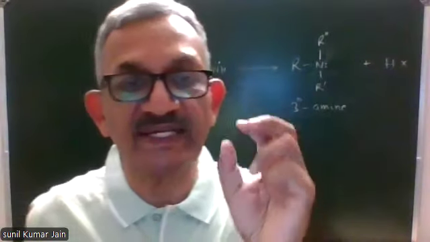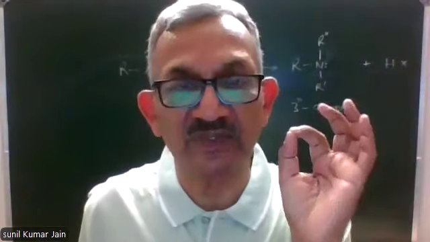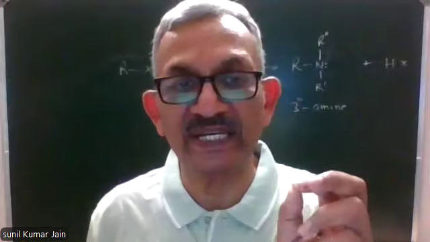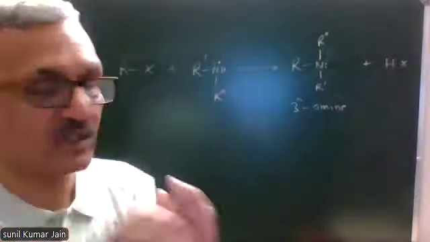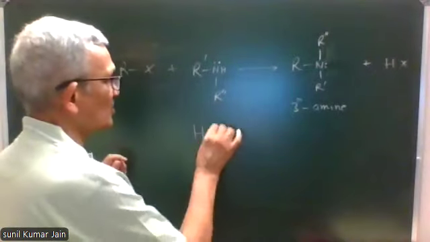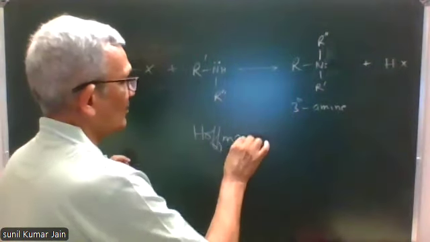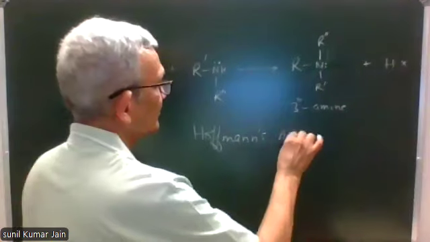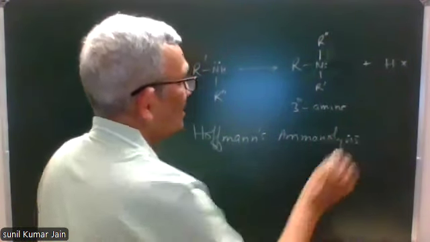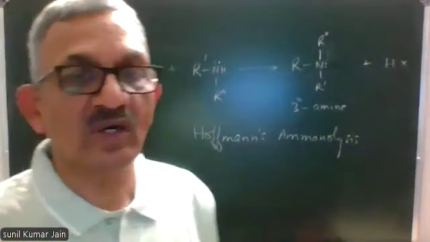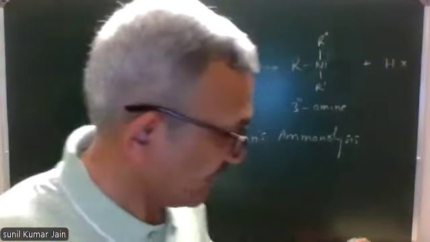The last 3 reactions, that is reaction with ammonia, reaction with primary amine, and reaction with secondary amine, that is reaction number 4, 5, and 6, collectively are called Hoffman's ammonolysis.